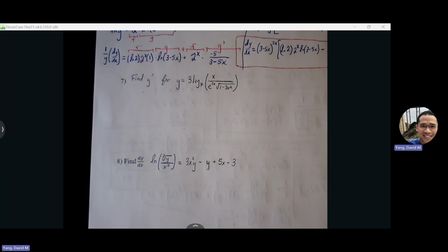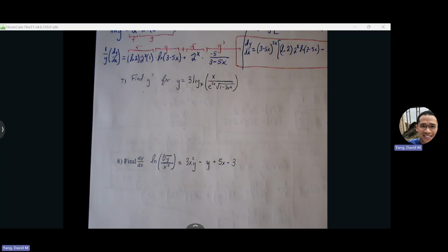The reason I took the problem is because we're working with this log base. There's the u prime, but there's a larger rule here.